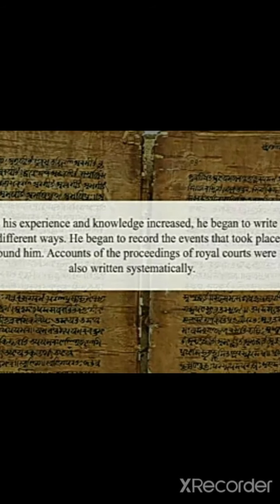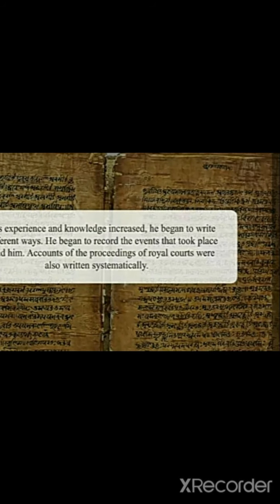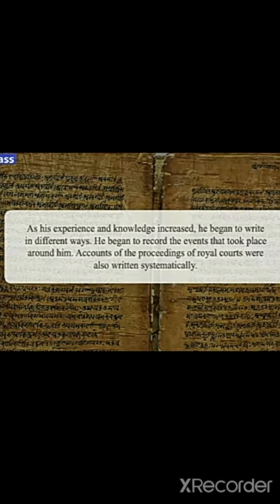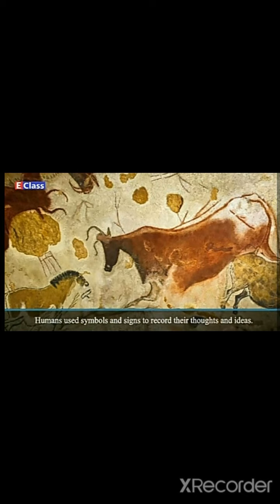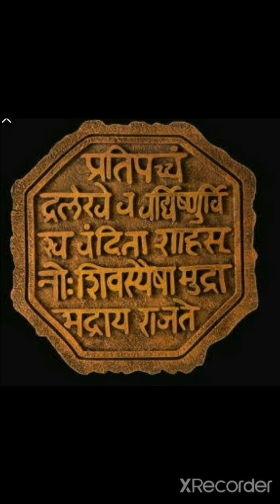As his experiences and knowledge increased, he began to write in a different way. He began to record the events that took place around him. Like in this picture, whatever things he saw around him, he used to draw on the walls. Accounts of proceedings and royal codes were also written systematically.